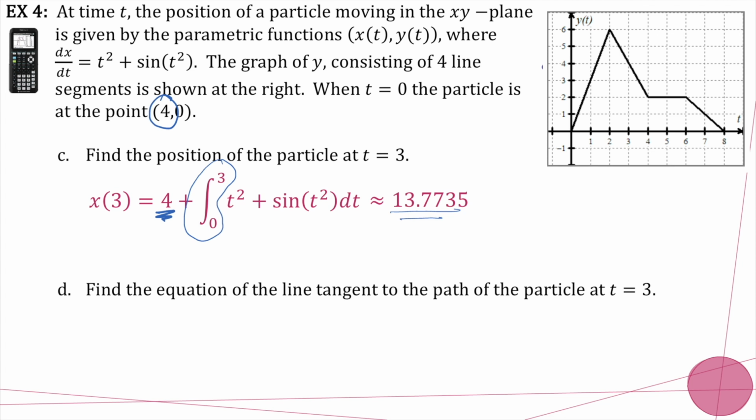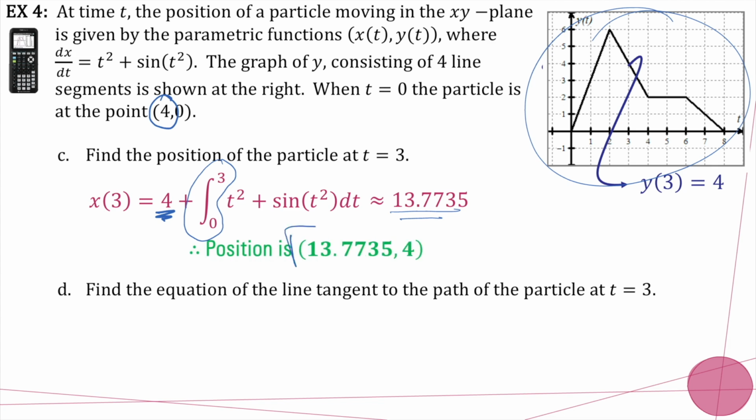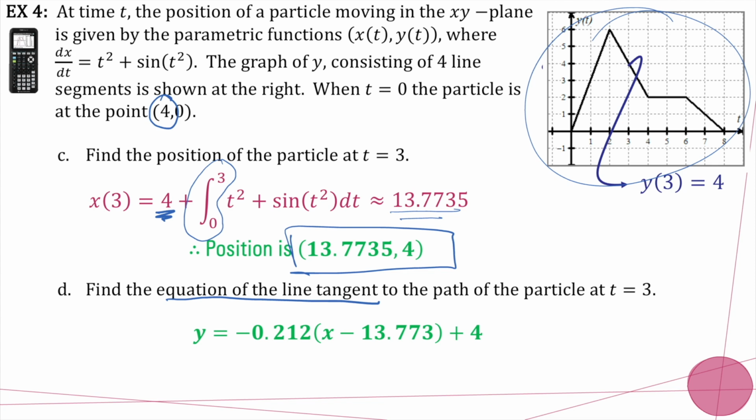Now the y position, remember this is the graph of y. So at 3, the y position is 4. So at time t equals 3, we have a position of (13.7735, 4). And of course, all this is leading us to, you guessed it, the equation of the tangent line. We have a slope, and we have a point, so we have a tangent line.